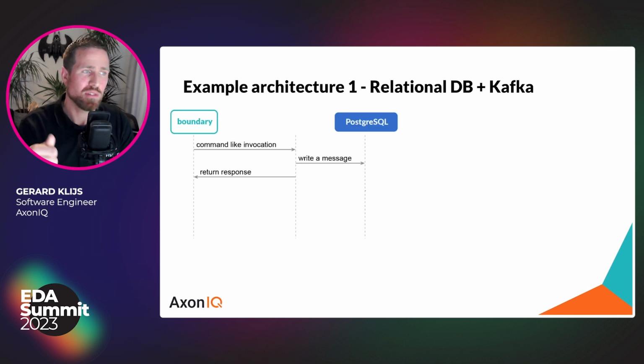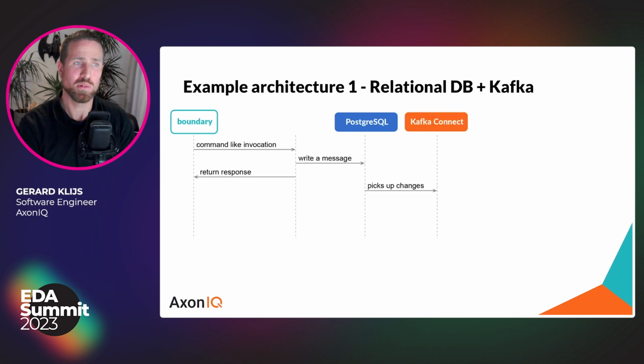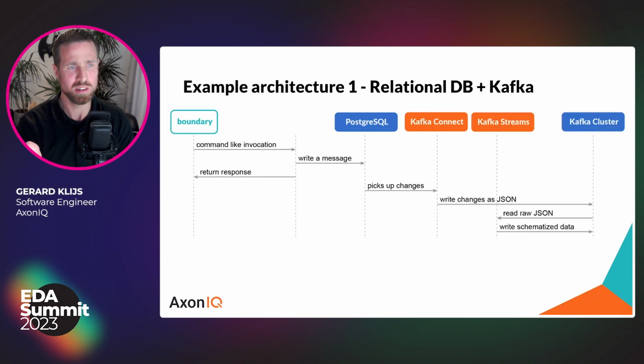So in this case, we have a command invocation, so that can be something like a REST call to an application. Then Postgres will write a message. So there we deal with optimistic concurrency. And then we can use Kafka Connect that will pick up the changes from Postgres. So Kafka Connect is a way to use Debezium to easily start it up.